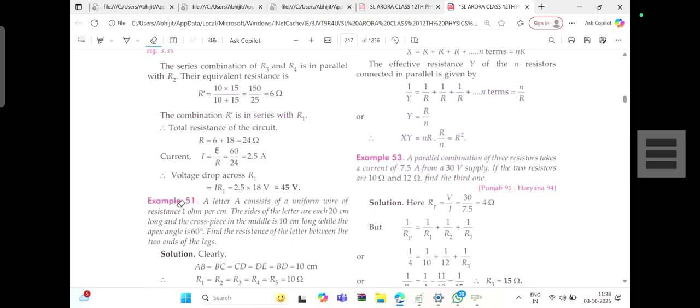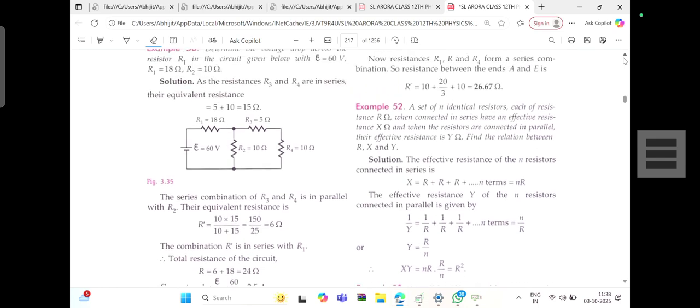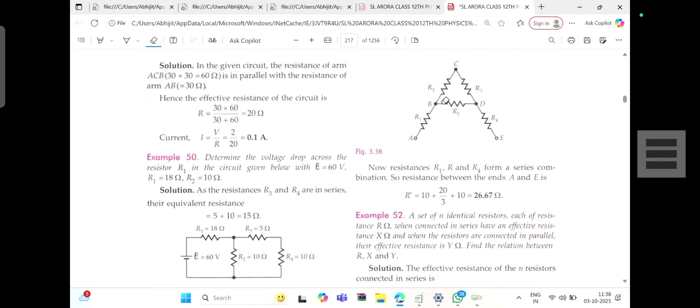That means R1 is 10 ohm, R2 is 10 ohm, R3 is 10 ohm, R4 is 10 ohm, and R5 is 10 ohm. It is clearly stated in our question.